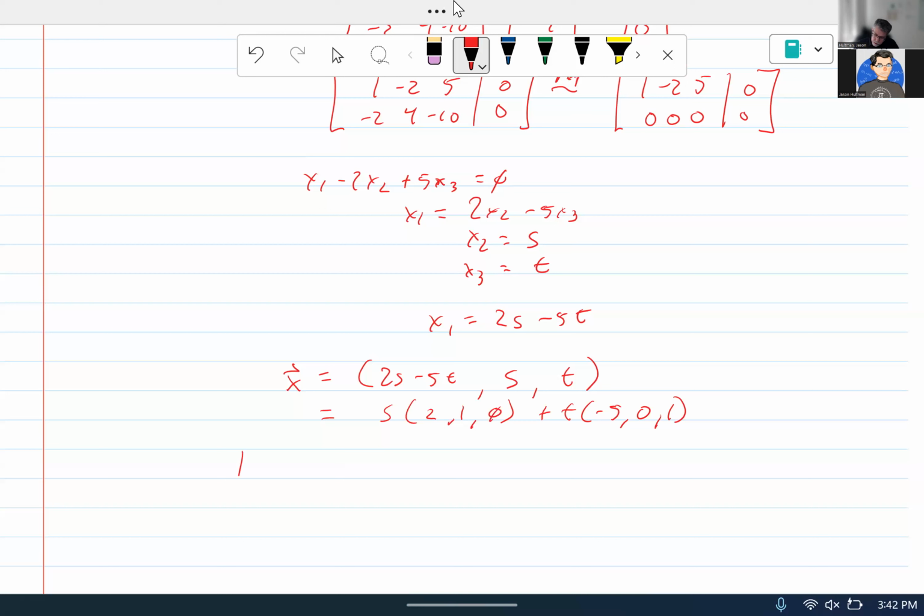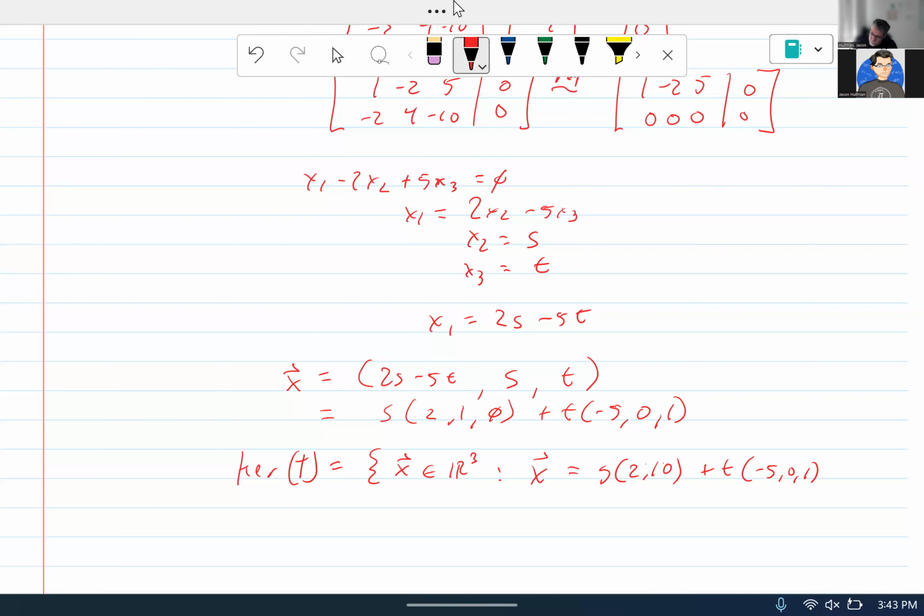So I can write the kernel of T is equal to all values of x in R3, each of these having 3 components, such that x is equal to s times (2, 1, 0) plus t times (-5, 0, 1).